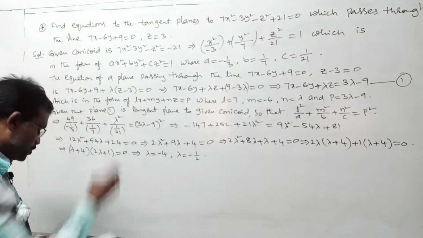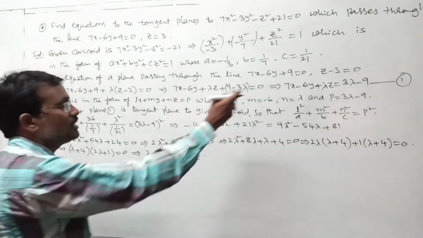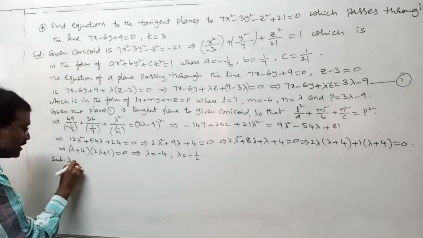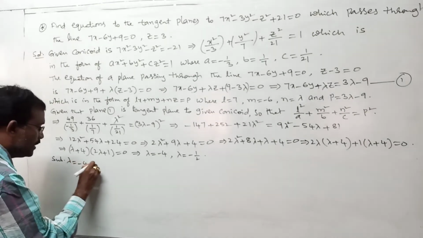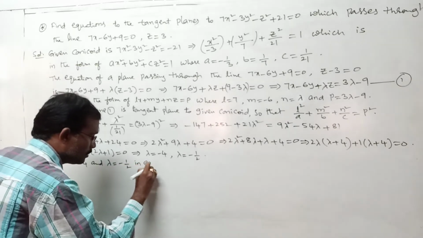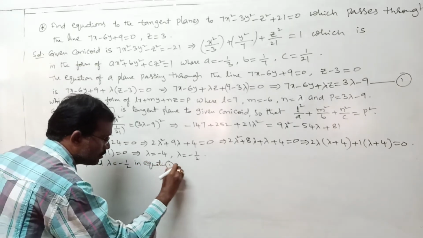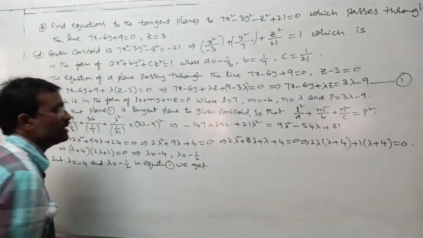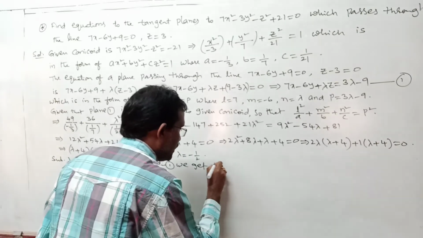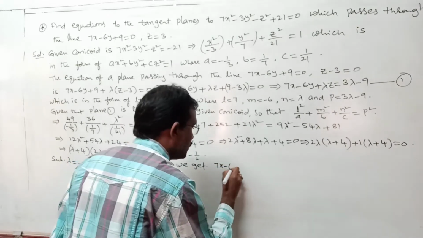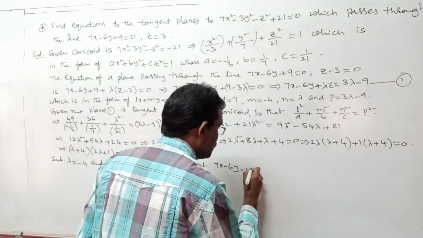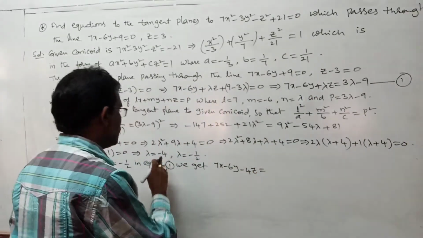Now substitute these two values in the above relation, especially equation number 1. Substituting lambda equal to minus 4 and lambda equal to minus 1 by 2 in equation 1, we get, first, minus 4 I am substituting here. 7x minus 6y, lambda equal to minus 4, minus 4z is equal to, here minus 4.